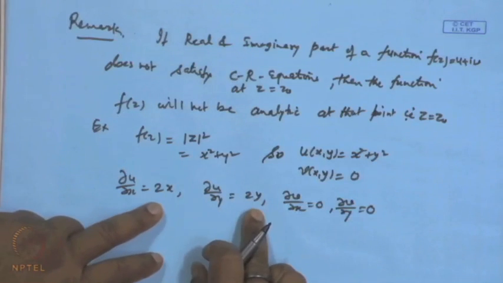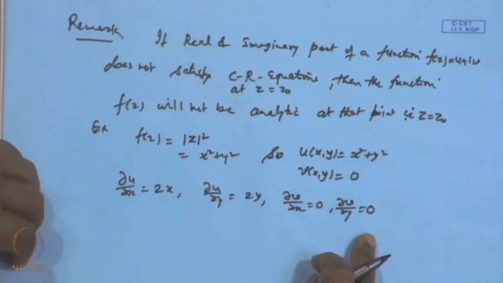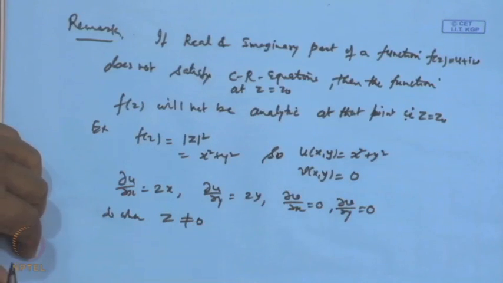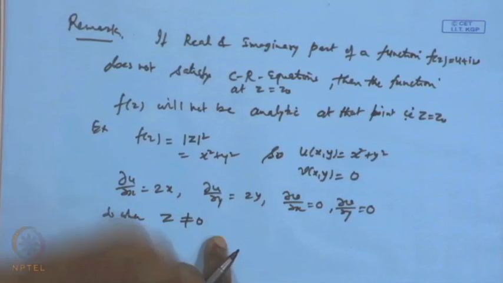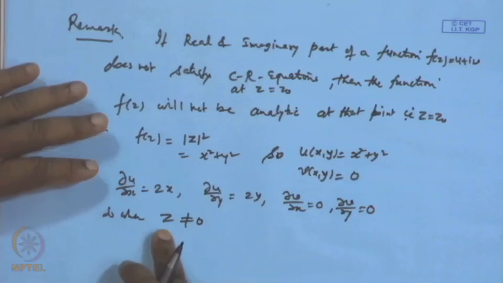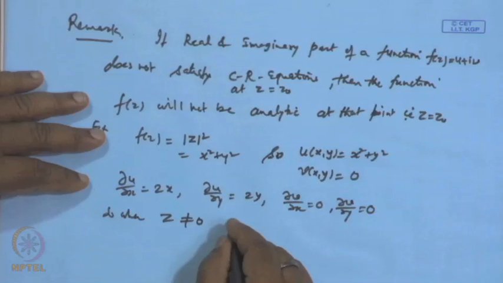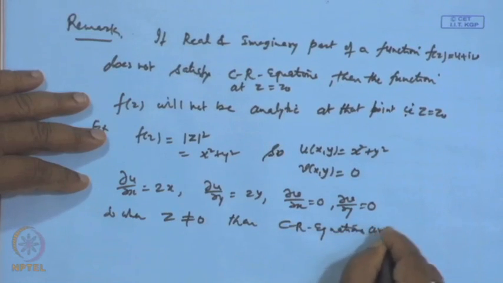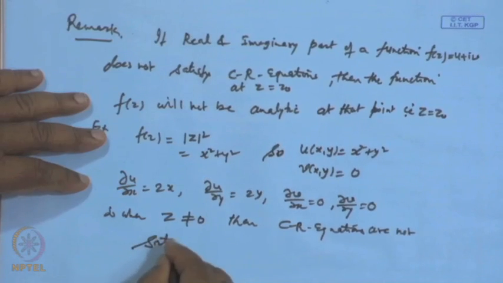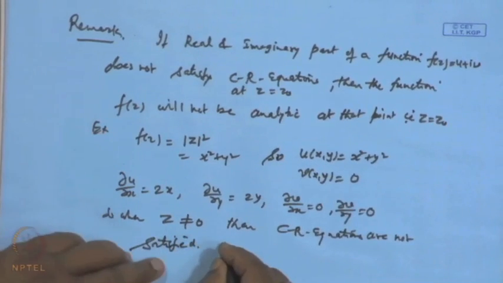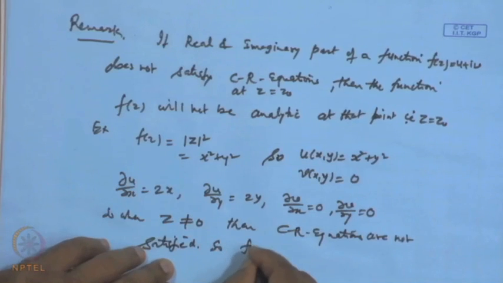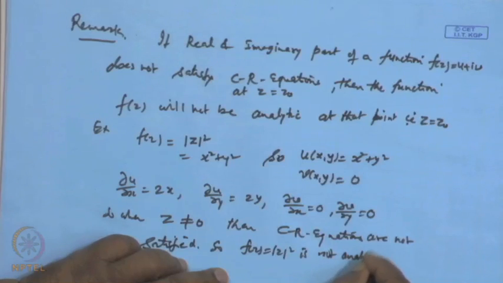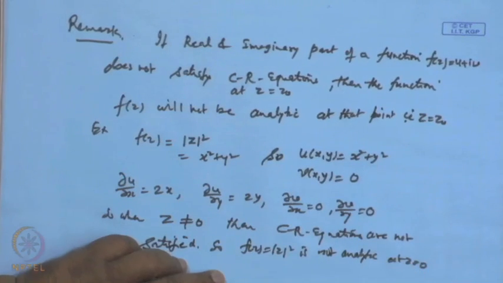So, except when x and y are 0, the conditions are not satisfied. So, when z is different from 0, either x will be non-zero or y will be non-zero, maybe both may be non-zero. So, if it is not 0, then CR's equations are not satisfied. Therefore, the function f(z), which is mod z square, is not analytic at z equal to 0.